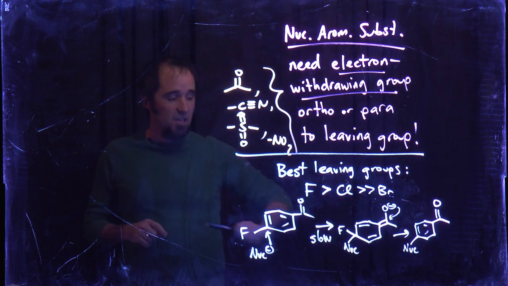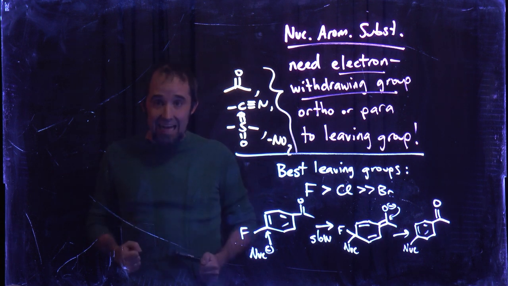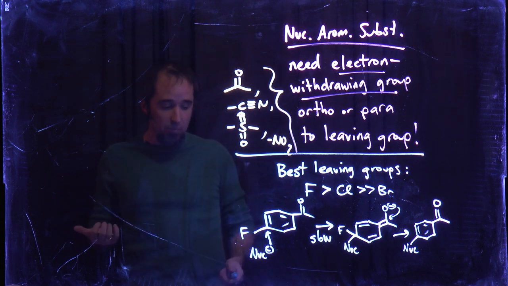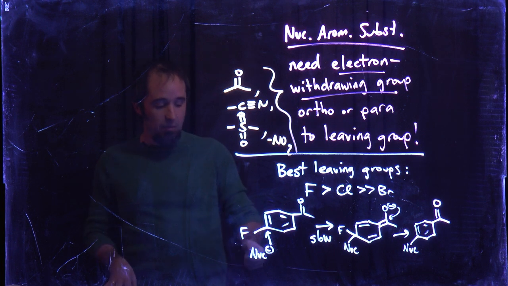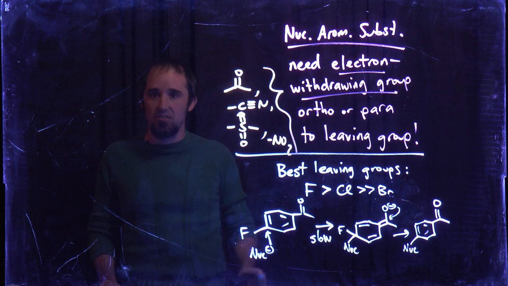Why? Here's the reaction again. It's important to remember that this is not an SN2 reaction where there's only one step and I'm breaking that CF bond as I'm making a new C-nucleophile bond. That's why fluorine is such a bad SN2 leaving group. It's because the CF bond is very strong.